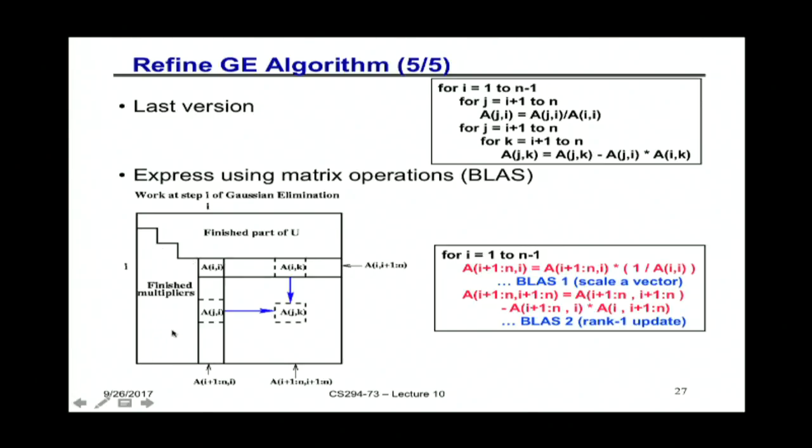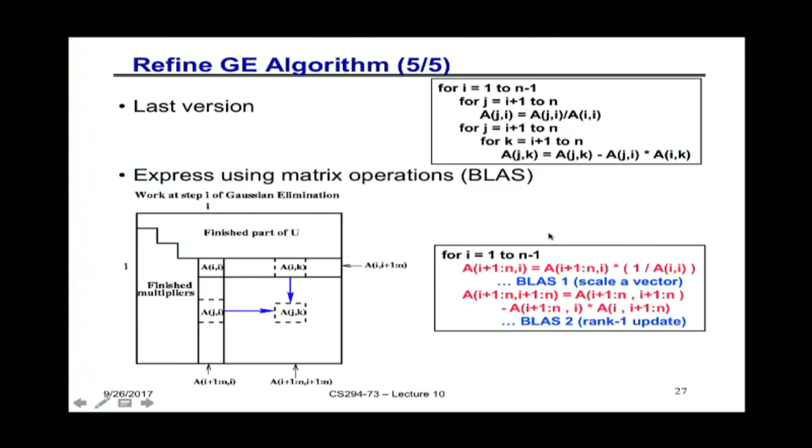Those are the multipliers we already finished. And everything up here above the current ith block is already finished, the U part, okay? Then we focus on the current step, with the ith column and ith row, and you need to compute the multiplier. You have the multiplier here, and then you need to use this multiplier times this A part, updating into the destination to do this subtraction.